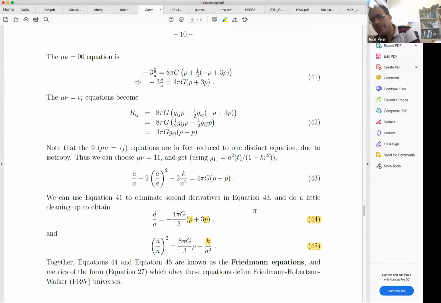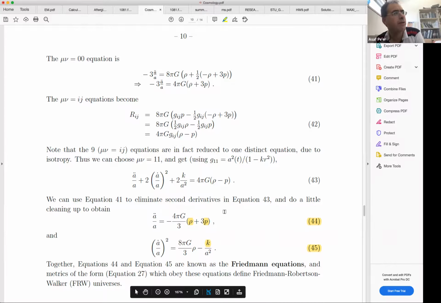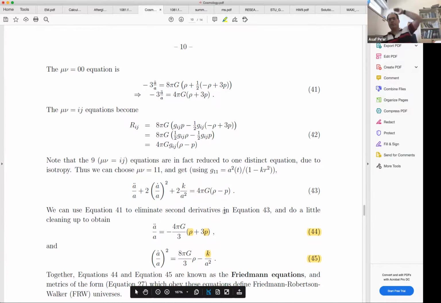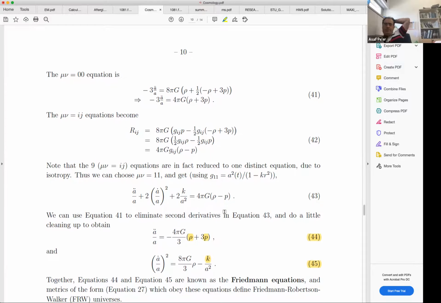And the total metric that we derived is called the Friedman-Robertson-Walker, or in short, the FRW metric. So again, the FRW metric is the Friedman-Robertson-Walker metric. It's a metric that describes a universe which has a fully maximally symmetric spatial part.